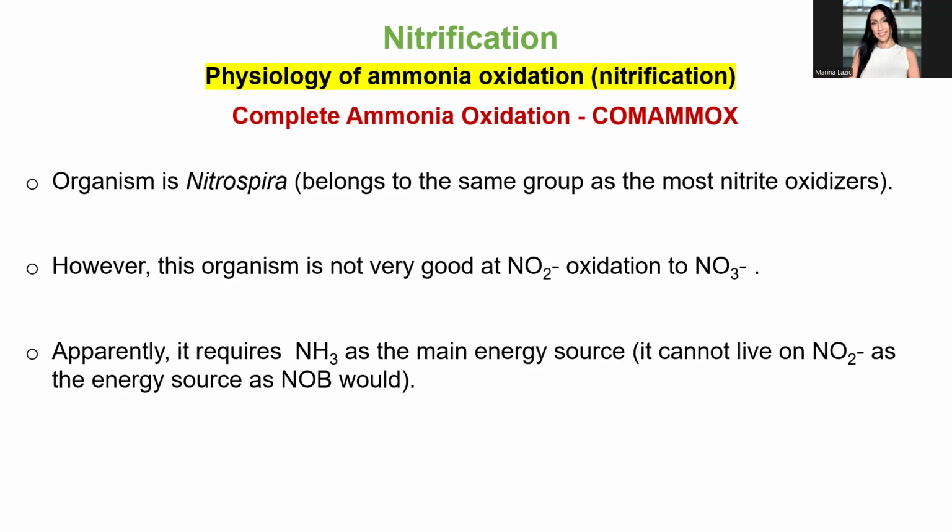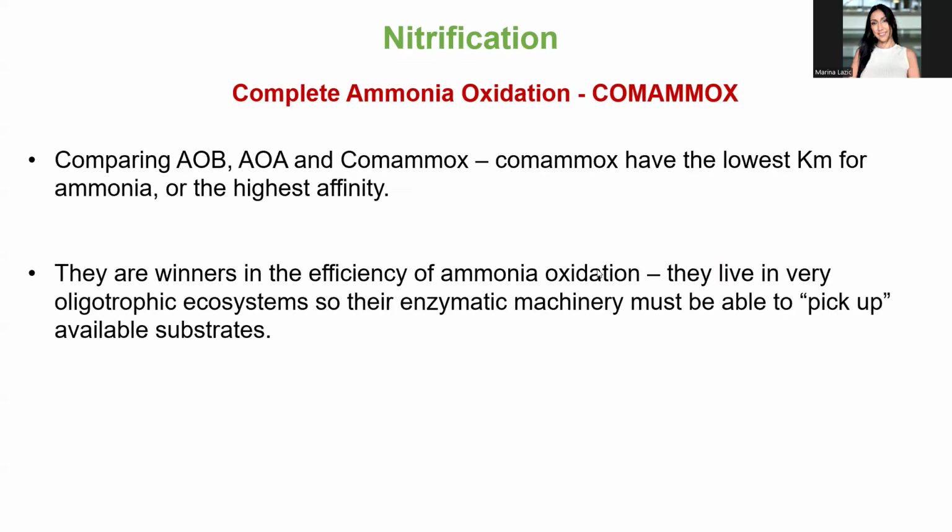The representative of the group is the organism called Nitrospira. It's a very good organism in the oxidation of nitrite to nitrate, but it does require ammonia as a primary energy source. So comammox has the highest affinity for ammonia.